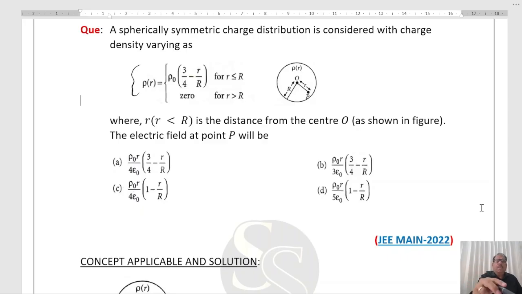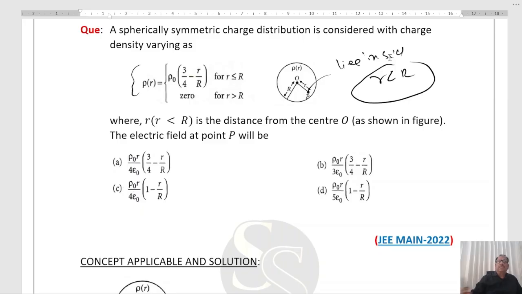The question is: a spherically symmetric charge distribution is considered with the charge density varying as given. We have to find the electric field at point P. Point P lies inside, that is, r is less than the radius R of the sphere.